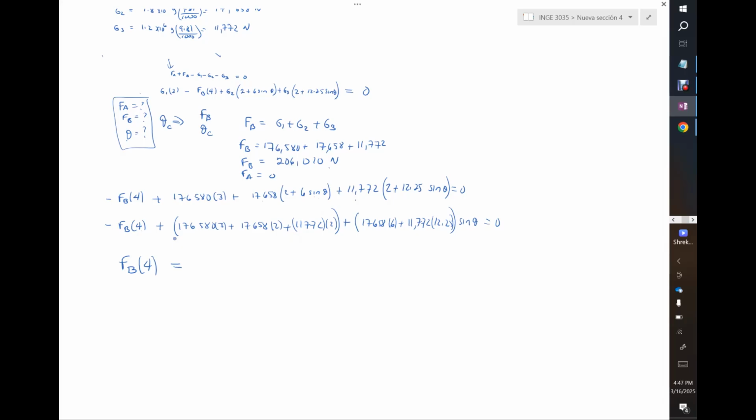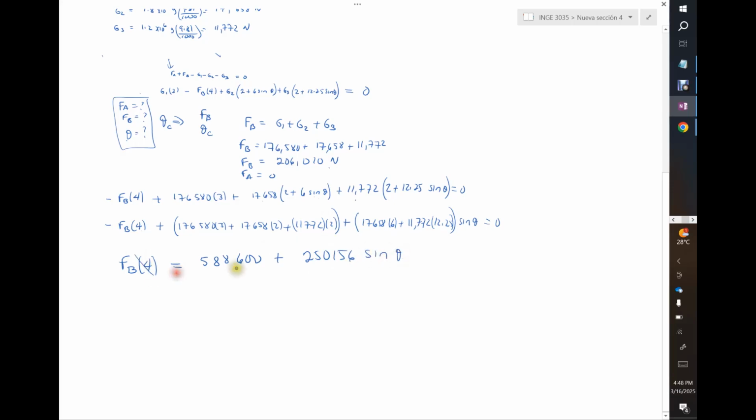Let's see where we are. It's about 588,600 plus 251.56, and that's going to be by the sine of theta.